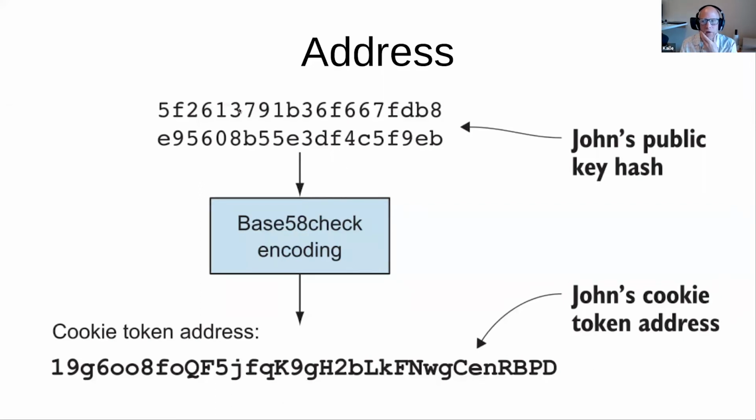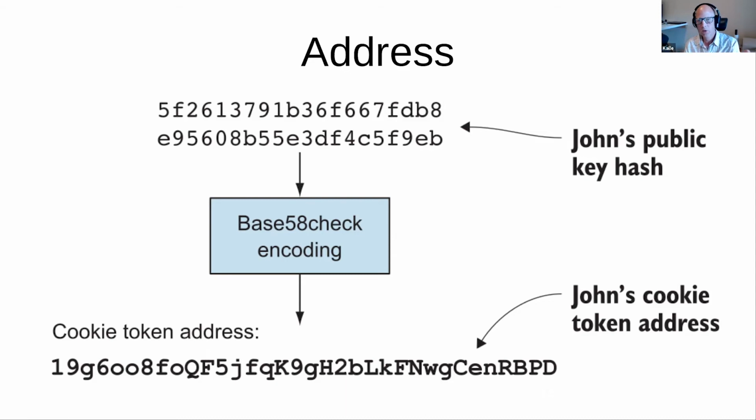You have John's public key hash up here, and you run it through something called base 58 check encoding, and out comes something called a cookie token address, or a Bitcoin address, if you will. So this is John's public key hash. This is John's address. And we will look closer at this base 58 check encoding, how this works.